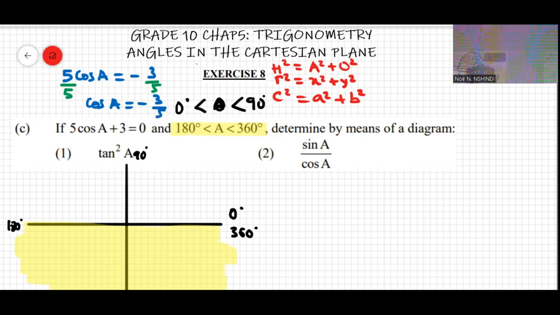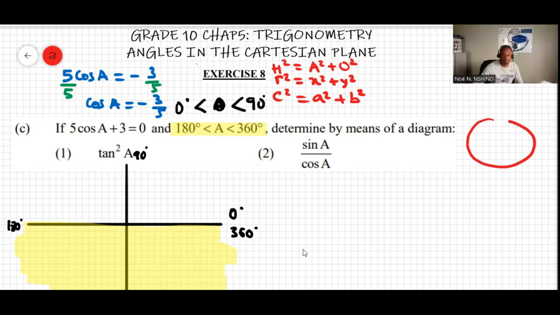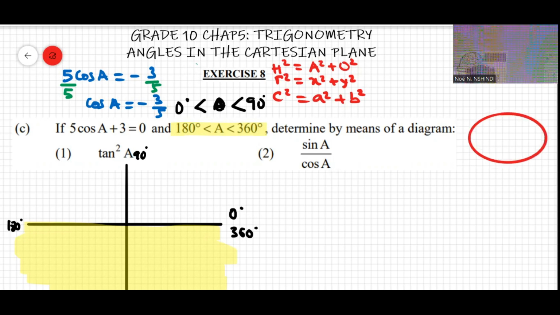And this is even true because, remember what we did earlier, the cos function is positive only in the first and fourth quadrants, and it's negative here and negative there.